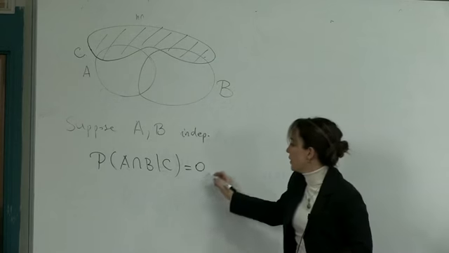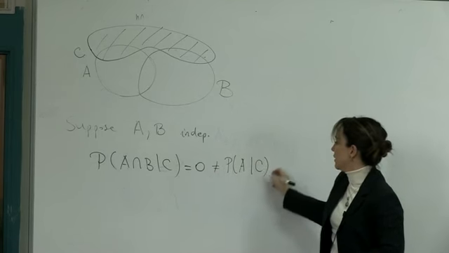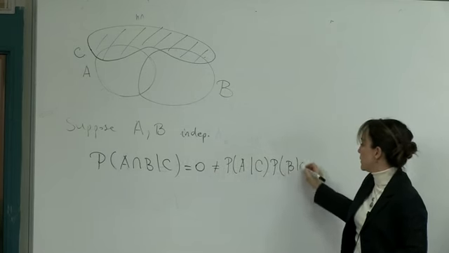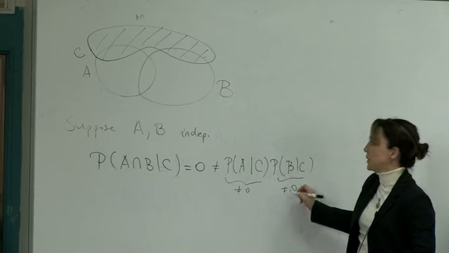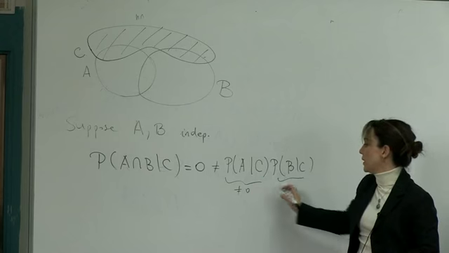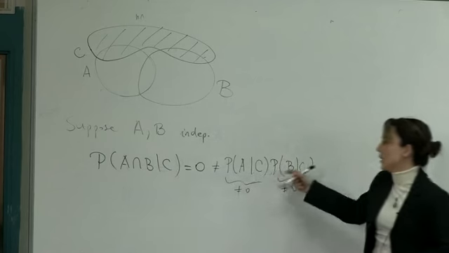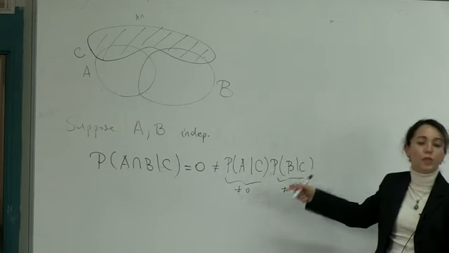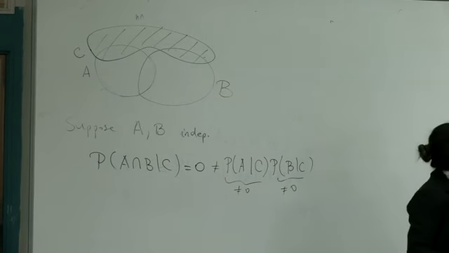So this is different from the probability of A given C times probability of B given C. These are different from 0, at least whenever both of these are different from 0, so the left-hand side is not equal to the right-hand side. So this is a counterexample showing that events that are independent may not remain independent when conditioned on something else. Any questions?